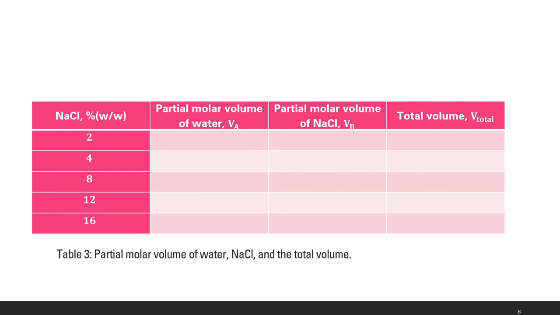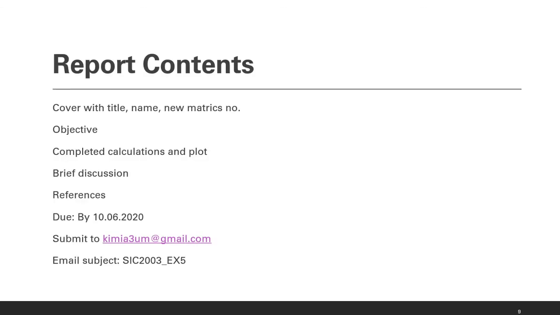This is what you need to describe in your discussion. As usual, the report contains the completed calculations and plot, a brief discussion of your results, and references, and this will be due next week on the 10th and submitted here.